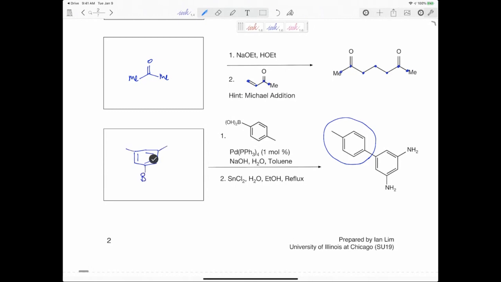And of course, it has to have a bromine because this is where it attaches onto the coupling reaction. But I also have this reagent here, stannous chloride. What does that do? It reduces what into NH2? Yes, it reduces NO2 into NH2. So this is how you know you are starting from this here.